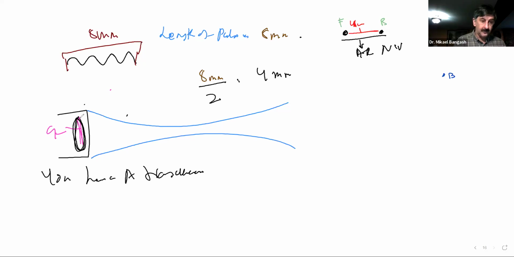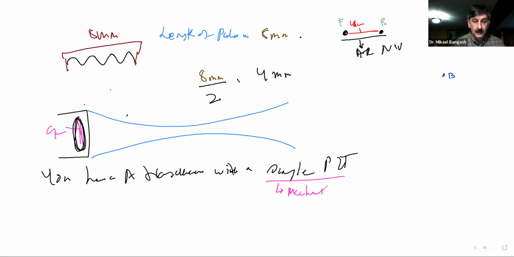Chapter 12, when you see a PCT given like this, you have a transducer with a single PCT. This single PCT can later be referred to as a mechanical transducer.